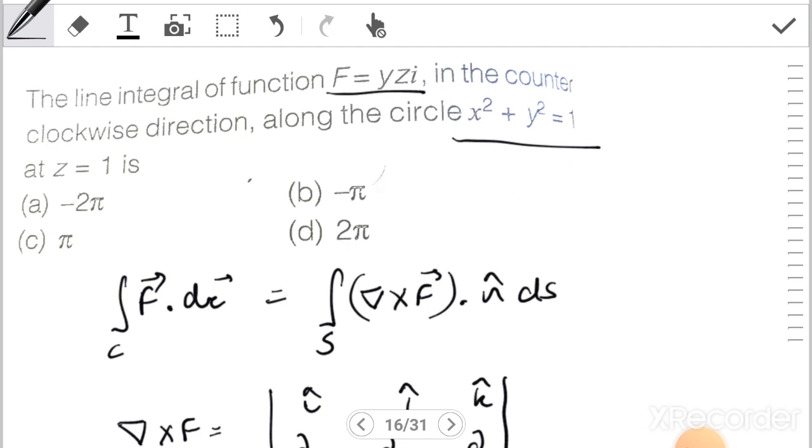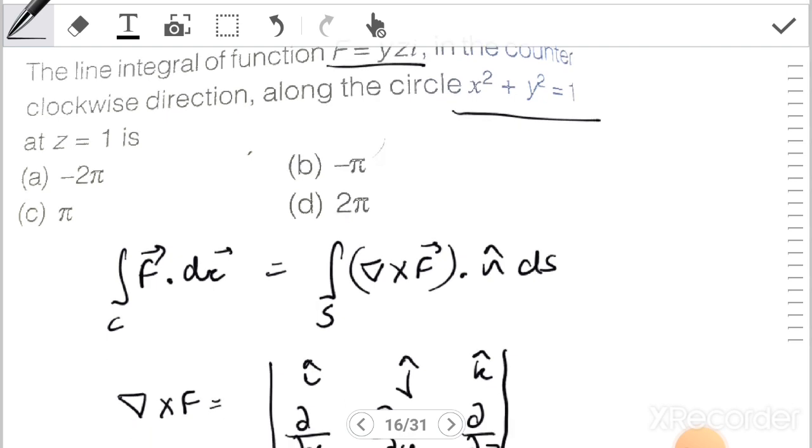So the unit normal vector lies in the z direction, that is k cap.